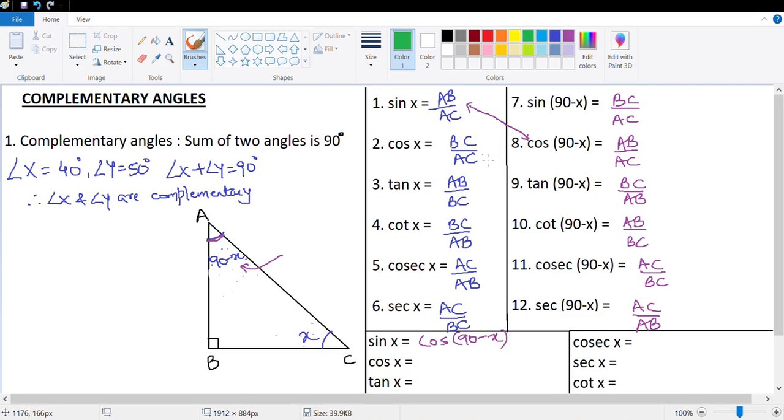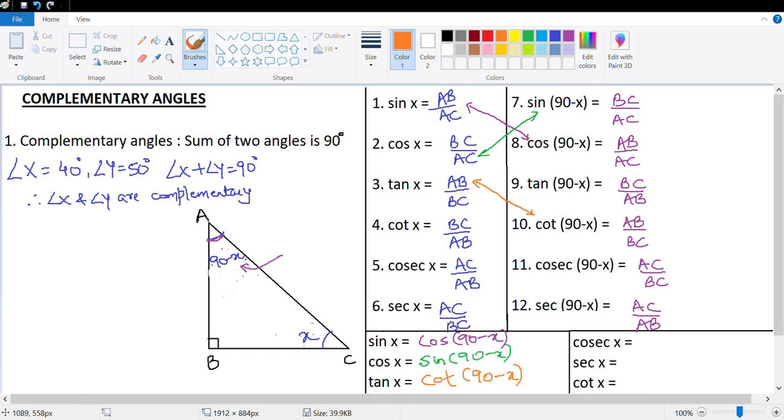Now cos x, which is BC upon AC, is equal to sine 90 minus x. So cos x is equal to sine 90 minus x. Let's look at the next one, which is tan. So tan x is AB upon BC, and cot 90 minus x is also equal to AB upon BC, which means tan x can be written as cot 90 minus x.